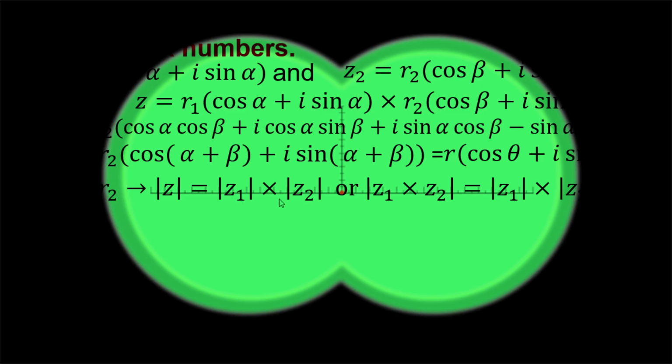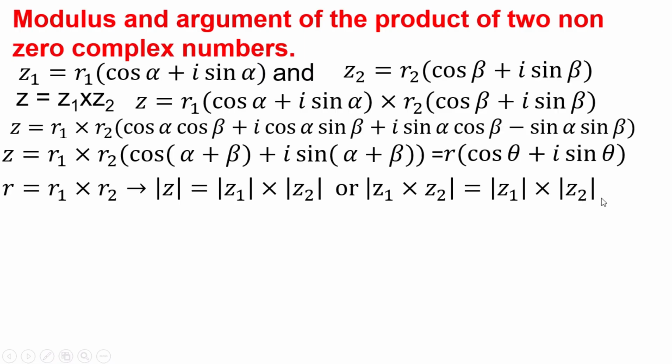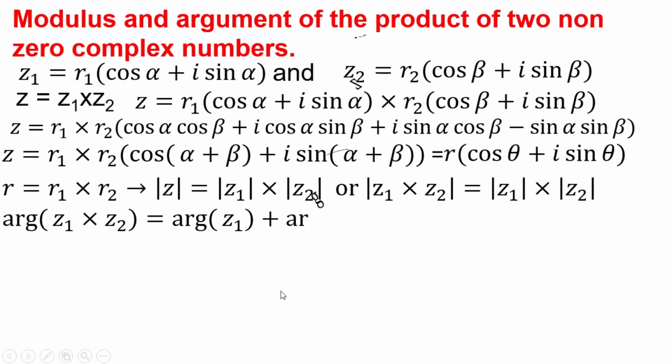Modulus z equals modulus z1 times modulus z2, and if we substitute z1 times z2, we get the modulus of the product equals the product of the modulus. The argument of z1 times z2 is alpha plus beta plus 2k pi. Then this is argument of z1 plus argument of z2.